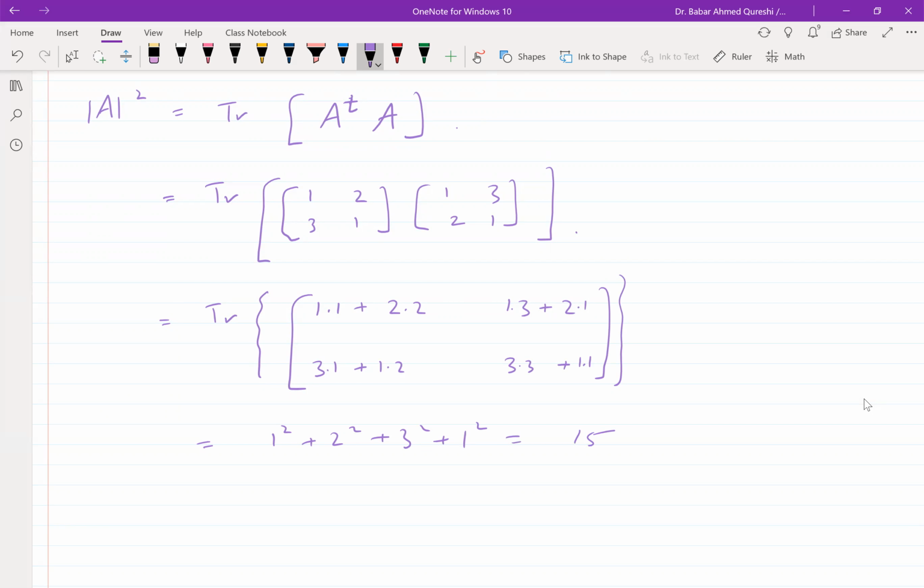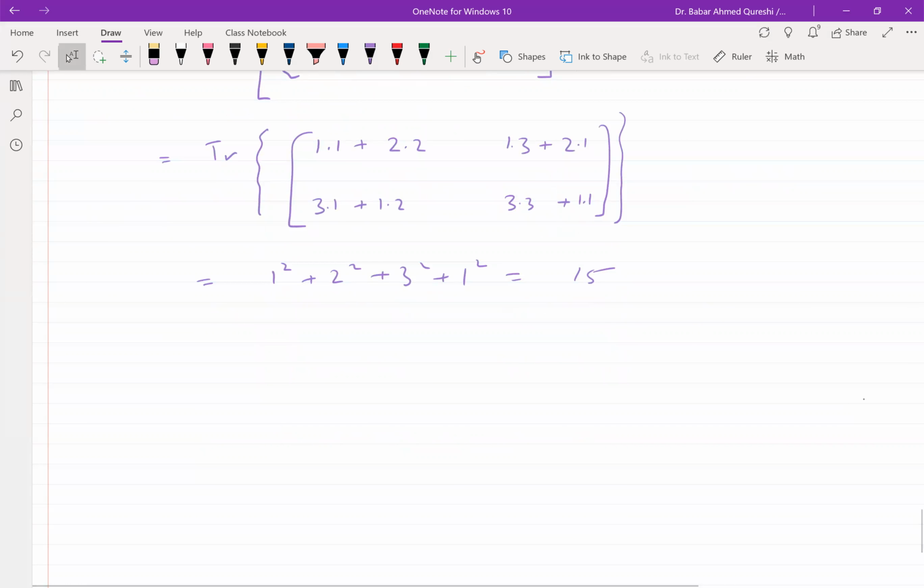Because remember, we had written the trace of A transpose B in another way, as the sum of the corresponding entries, the product of each entry, summed. Similarly, B square then gives me 1 square plus 1 square plus 1 square plus 2 square.